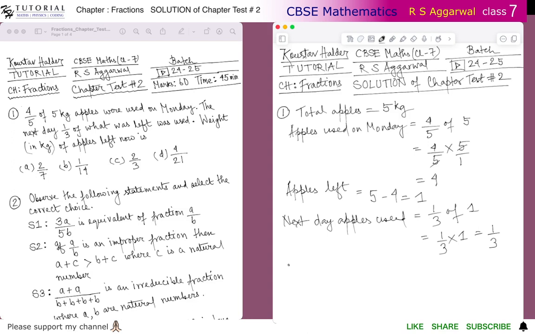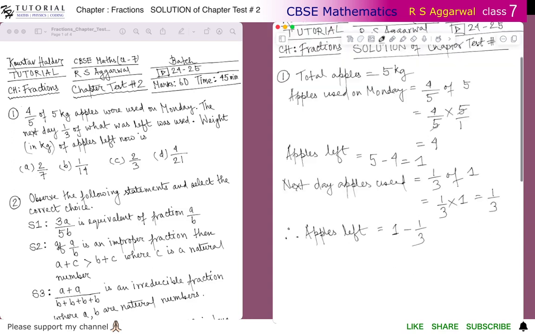Now it is asking weight in kg of apples left. So after the next day 1/3 of the apples was used. So finally apples left is 1 minus 1 by 3.